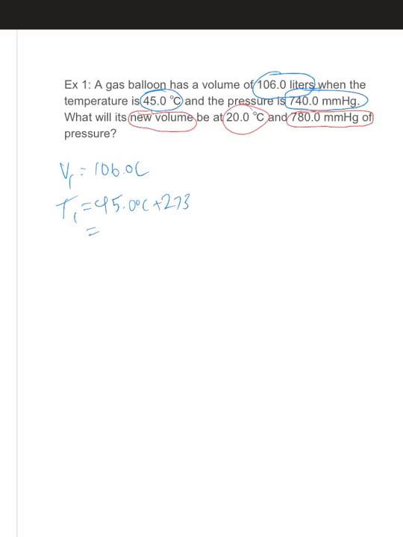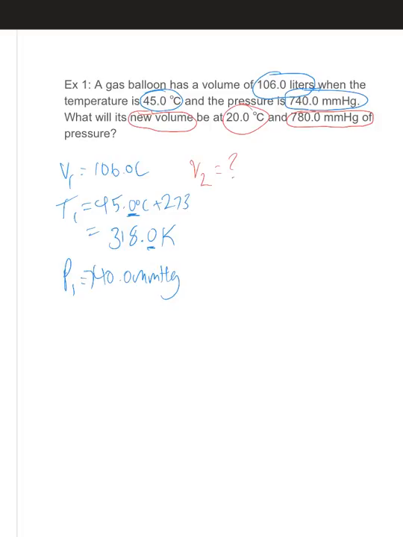When I do that, I'm going to get 318.0 Kelvin, making sure that I keep the place value of my original temperature, which is in the tenths place. And then I have an initial pressure as well. That initial pressure is 740.0 millimeters of mercury.